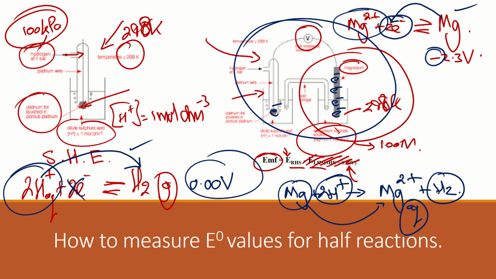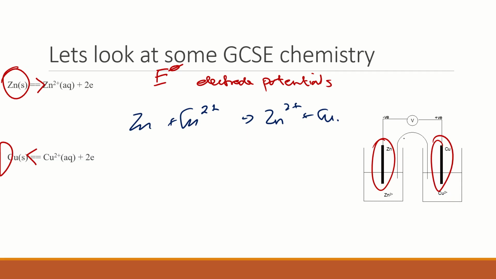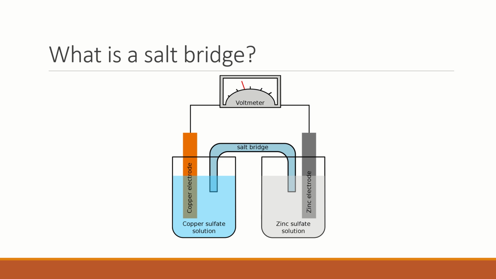Some of you may have noticed this part of the cell here, and it's here but not labelled. This is called a salt bridge, and that's a really important part of a circuit. It basically completes the circuit and ensures that electrons can continue to move. Now, it is usually made of something like potassium ions and nitrate ions, potassium nitrate in other words.